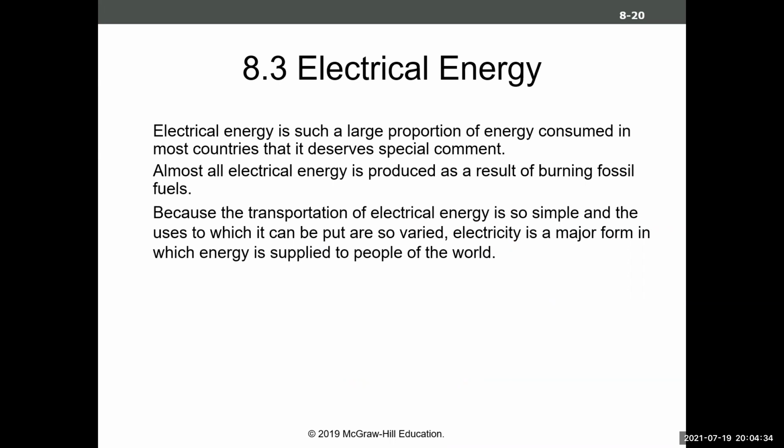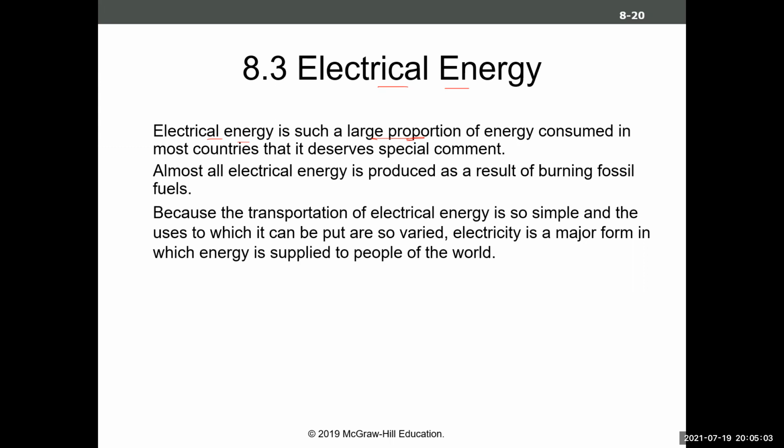Well, first, let's just say that we're focusing on electrical energy, and we're going to talk about it because quite a few countries are now moving to using electrical energy, and using it in a large enough proportion that we start to focus on it and discuss it.